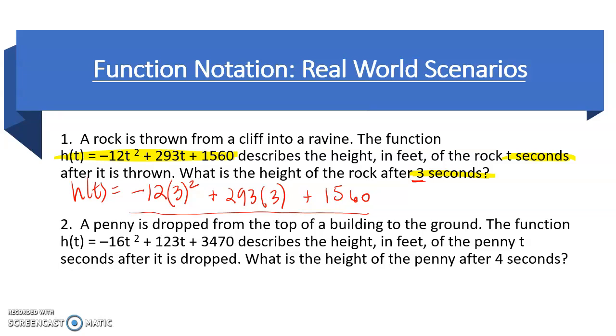So the first thing I need to do is put in my negative. And then it's 12, open parentheses, 3, close parentheses, a squared, plus 293, open parentheses, 3, close parentheses, plus 1,560.